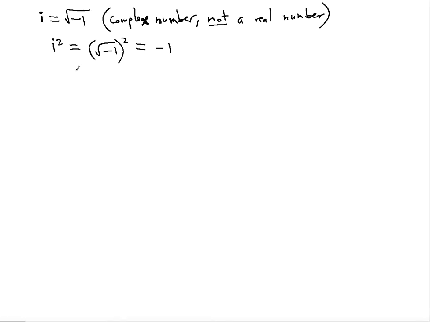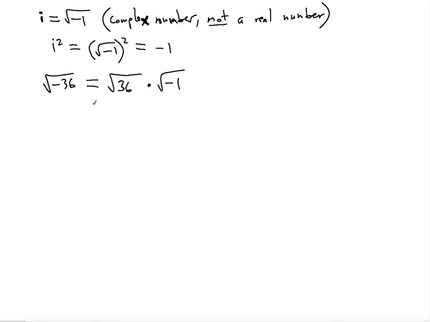Okay? So now let's see. If I give you something like this, the radical of negative 36, you know immediately that you can break this up. You can break this radical into two radicals multiplied together, right? And you can say radical 36 times radical of -1.